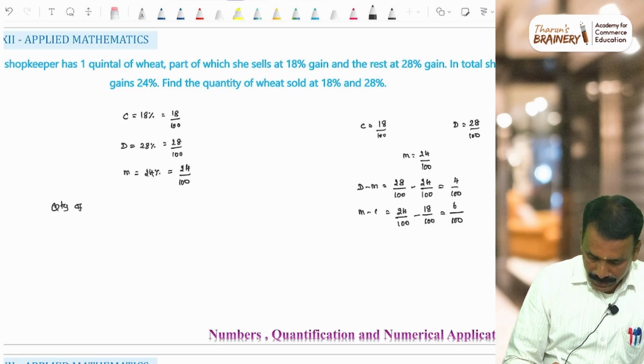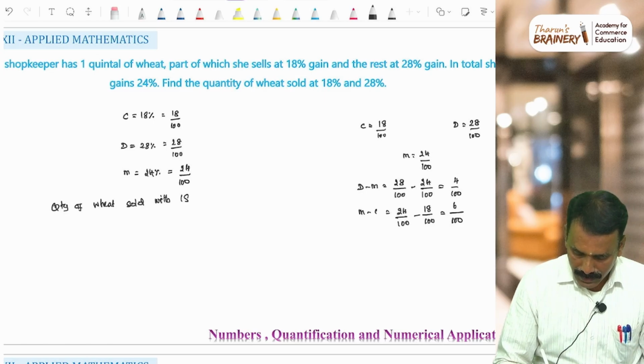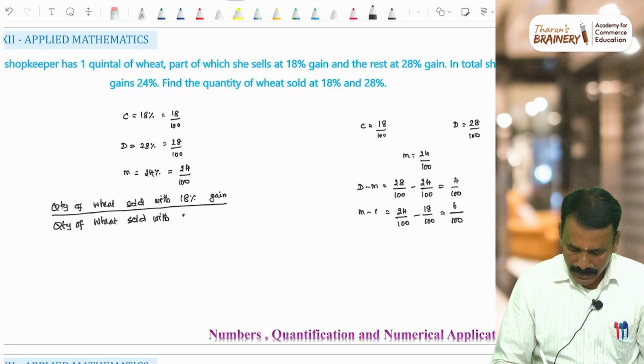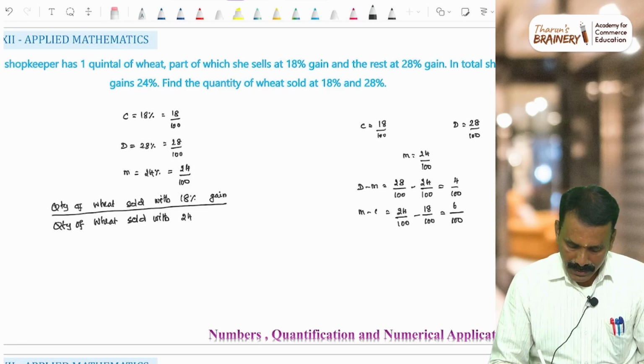So quantity of wheat sold with 18% gain divided by quantity of wheat sold with profit 24%.